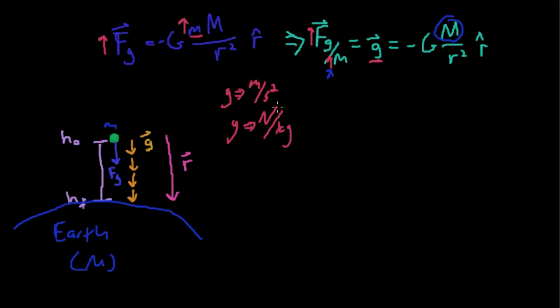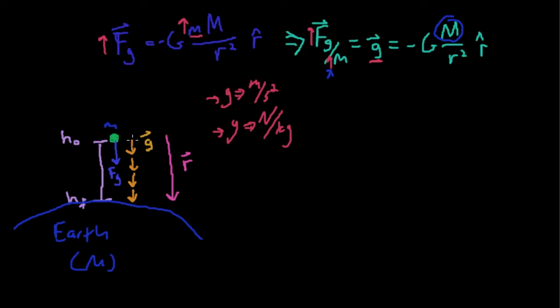And these are the same thing, but this first one indicates an acceleration, and this one is indicating the gravitational field. And so what I've drawn over here is the gravitational field vectors. So this is a field of vectors showing the gravitational field strength at each of these points.